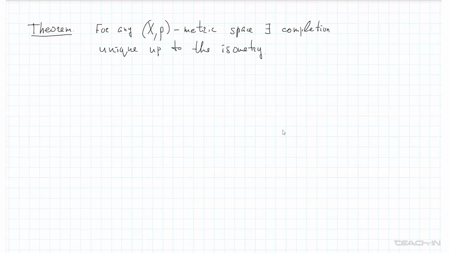And we constructed this completion a week ago, but I didn't prove this fact, the uniqueness up to the isometry. But it is very simple.